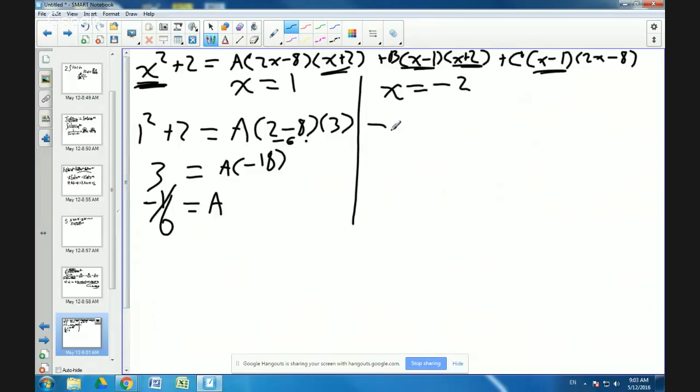So we have -2 squared plus 2 equals b, sorry about that, because we're actually going to eliminate this term and this term, not this one and this one. So what the -2 effectively does is it turns this 2 here into a -4.